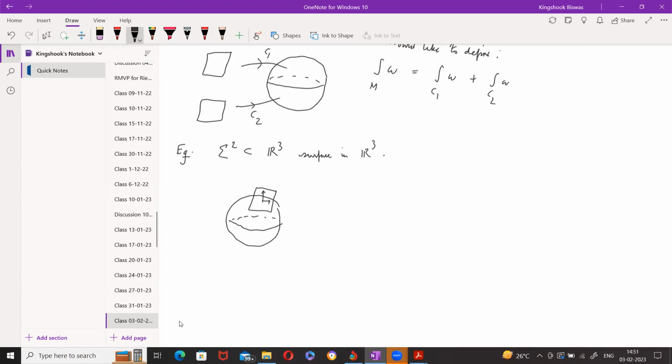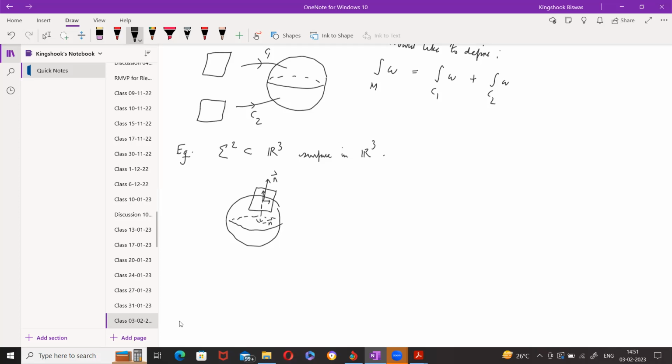Then at this point of the surface, I have two unit normal vectors, right? There's a unit normal vector n like this, and there is minus n, right?